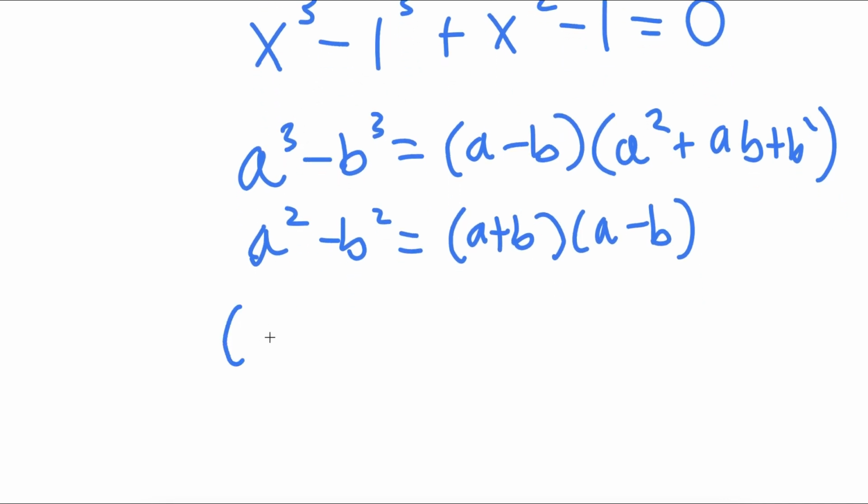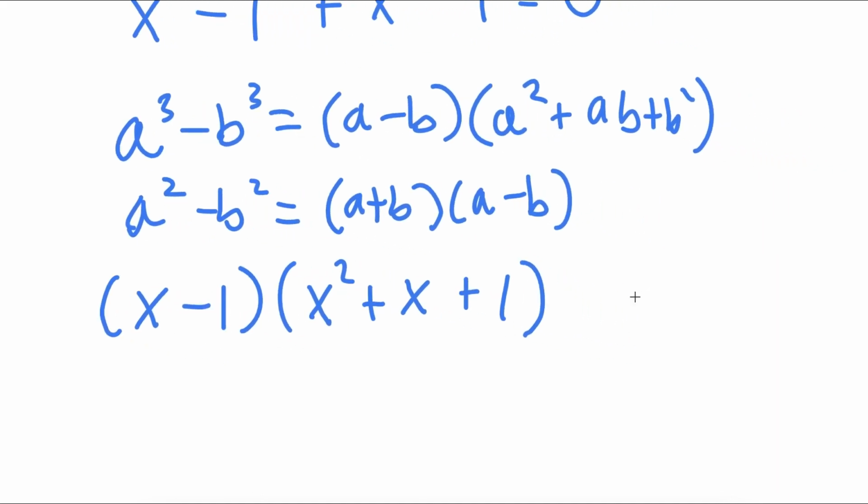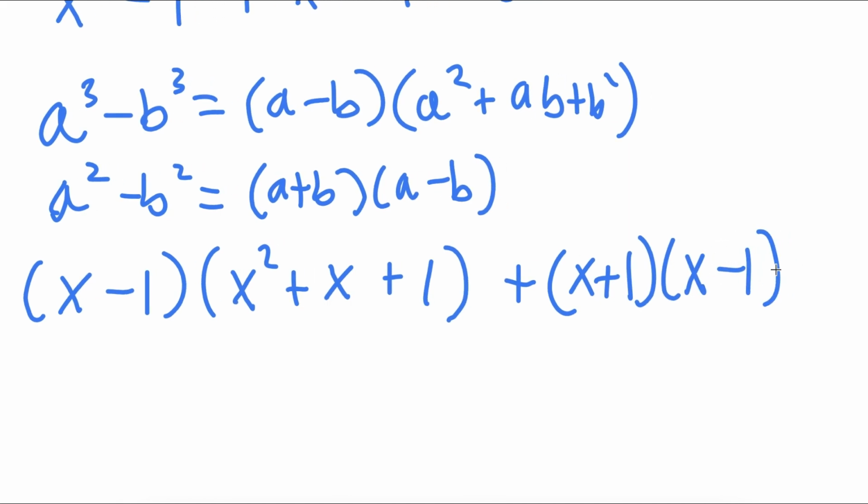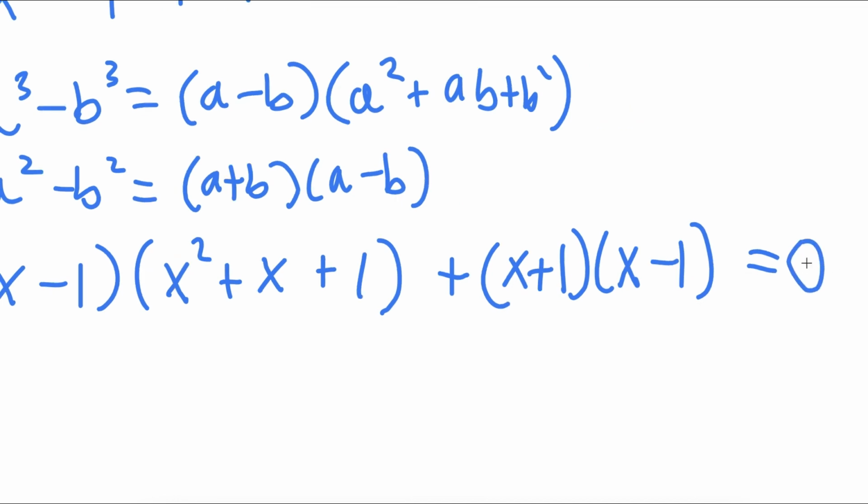So x to the power of 3 minus 1 to the power of 3, that's going to equal x minus 1 times x squared plus x times 1, which is x, plus 1 squared, which is 1. And then now I have this plus x plus 1 times x minus 1. And this is all equal to 0.